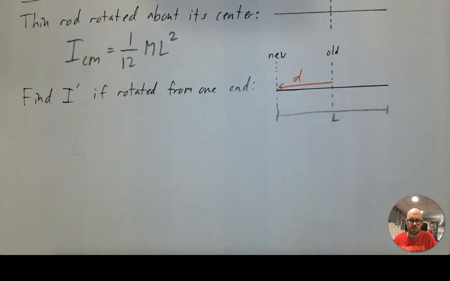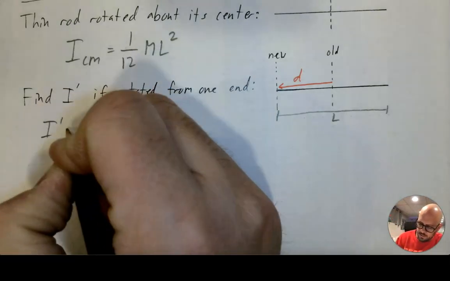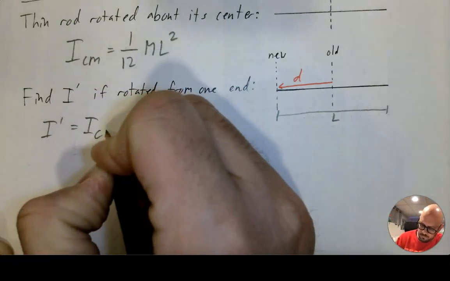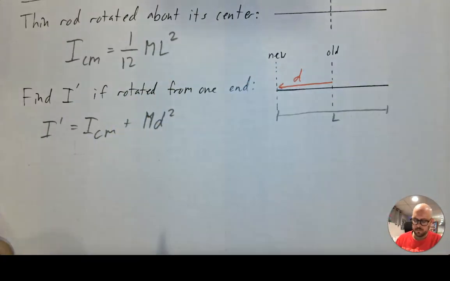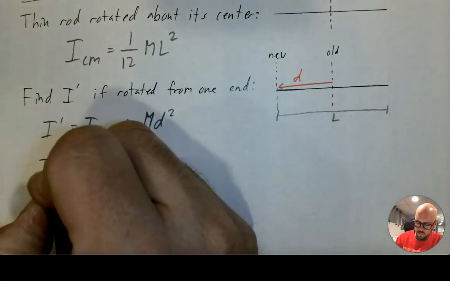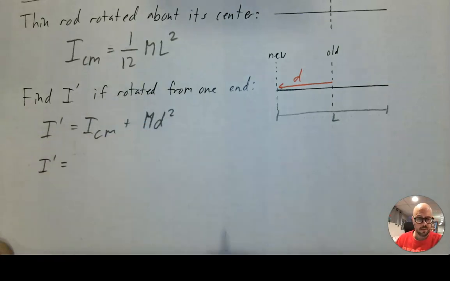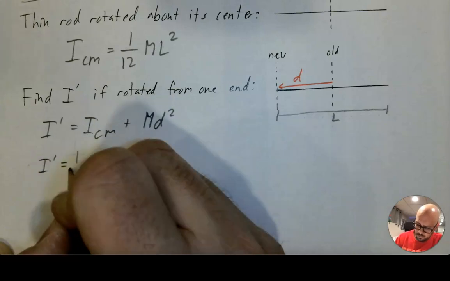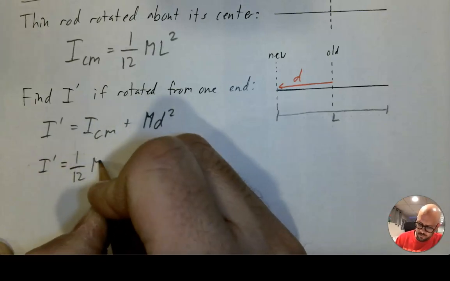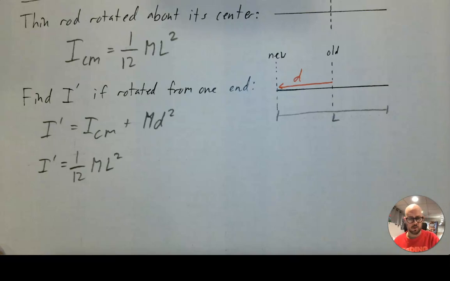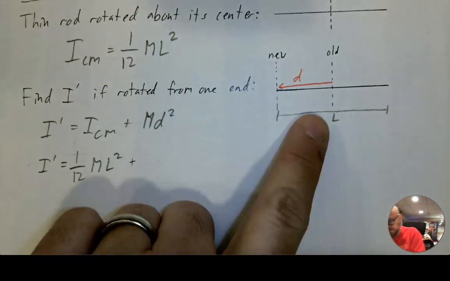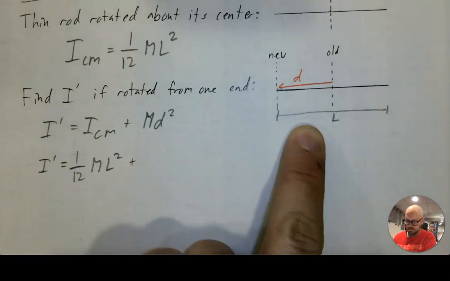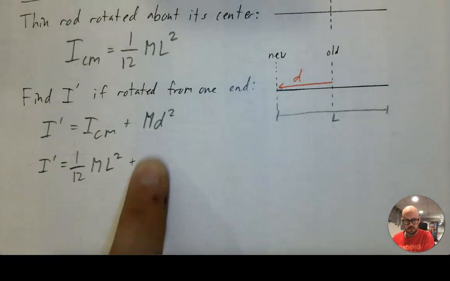So this is essentially a derivation with rotational inertia. We're going to use the parallel axis theorem, and it actually starts out really simple because you're going to find this new value for rotational inertia. You're going to plug in the old one, so 1/12 m times L squared. And then you just have to be a little bit clever to figure out how to plug in L into this other term.